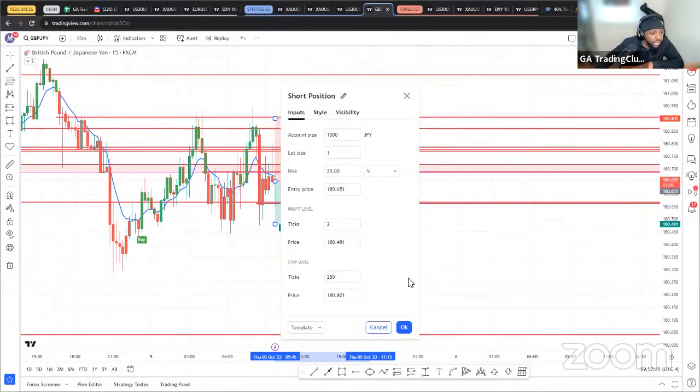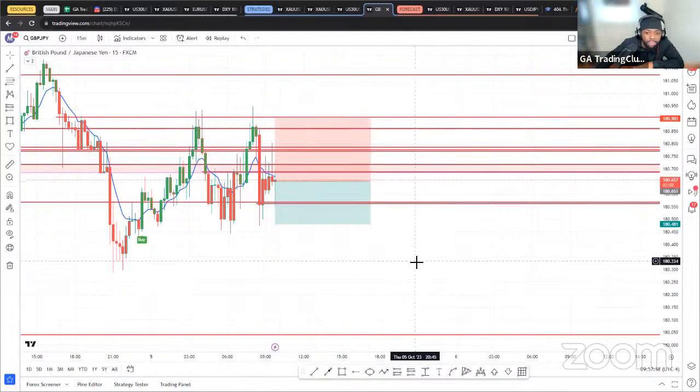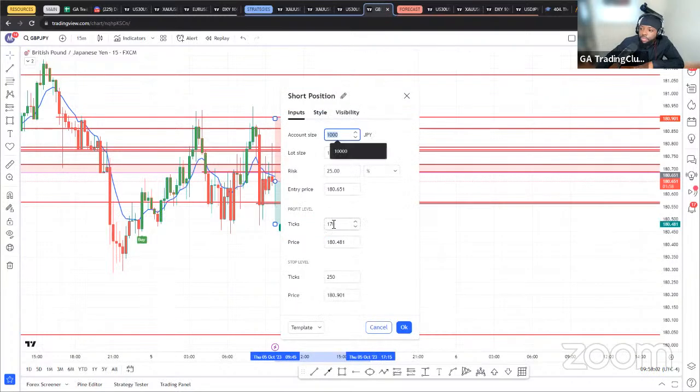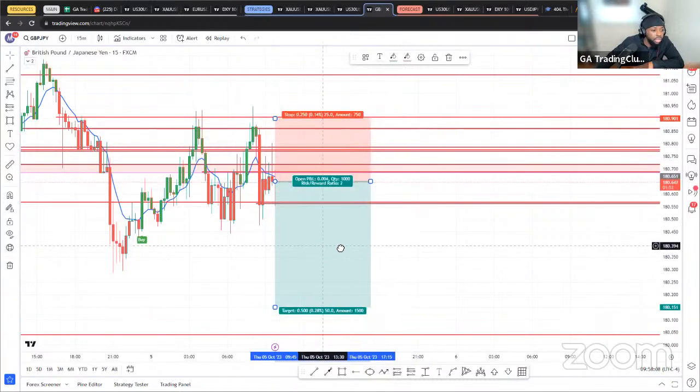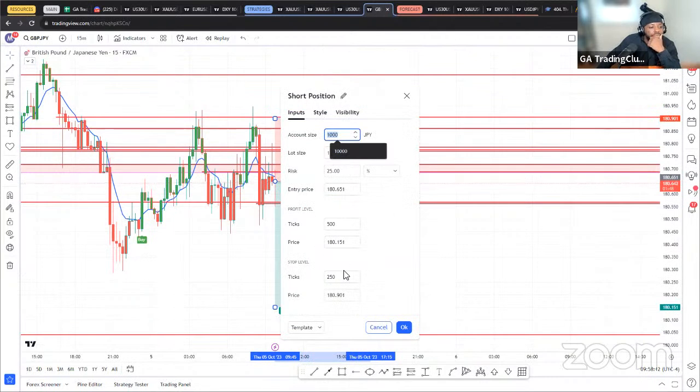So I think this is like a 25 pip stop and 50 pips TP, and that's pretty small for GJ. Do you want a stop loss above the previous high?